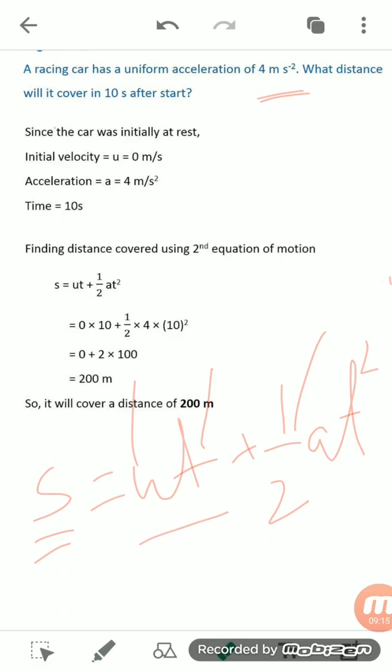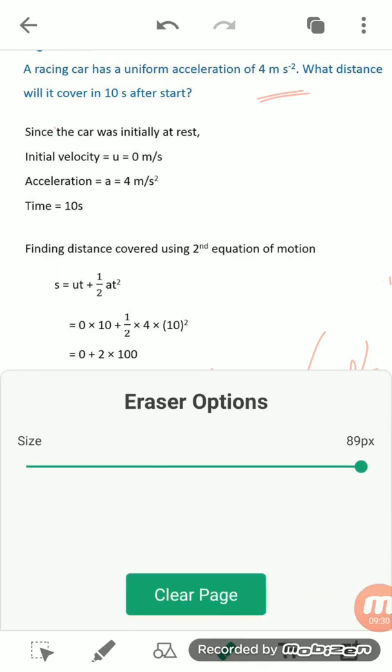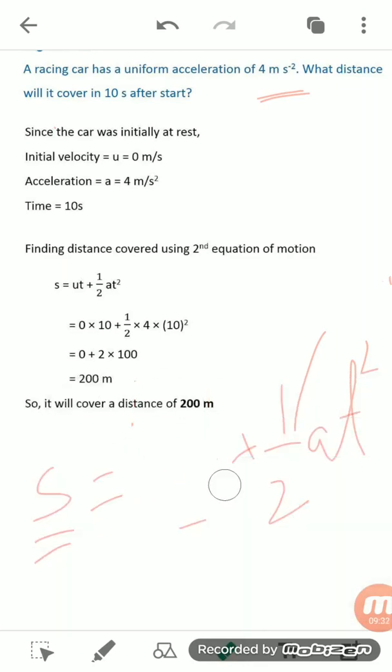Like how? Initial velocity u is 0, so 0 into time will be equal to 0 only. So we simply have to find the value of half at square.